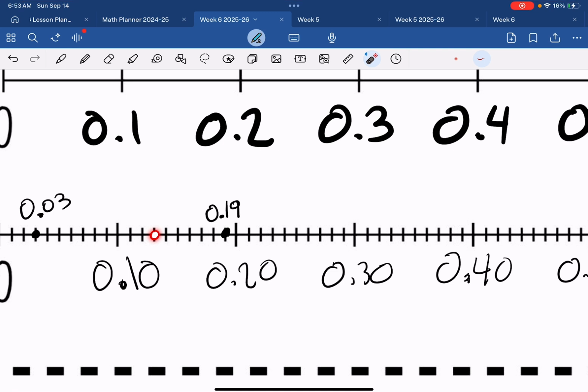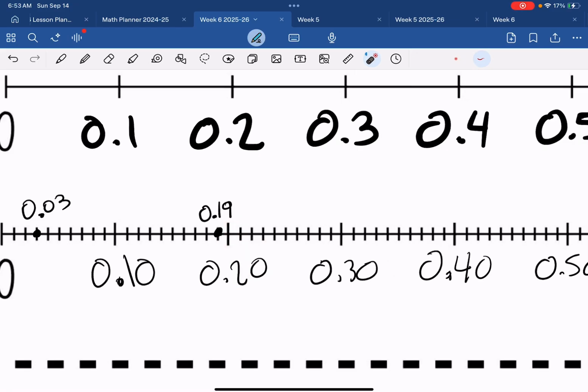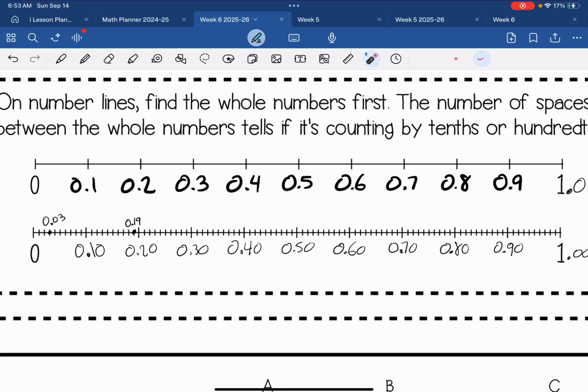A point here, 13, 14, 15, 16, 17, 18, we have our 19, and then here is our 2000s, right? Now, once you get to the next 10th, then you're gonna get a 2 in the 10ths place, and so on.